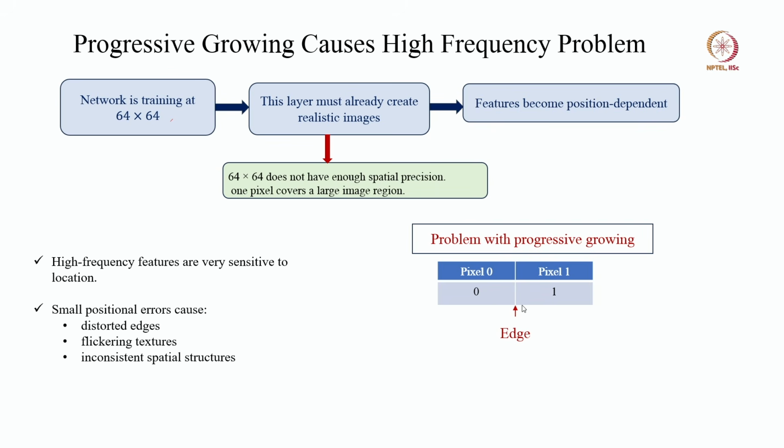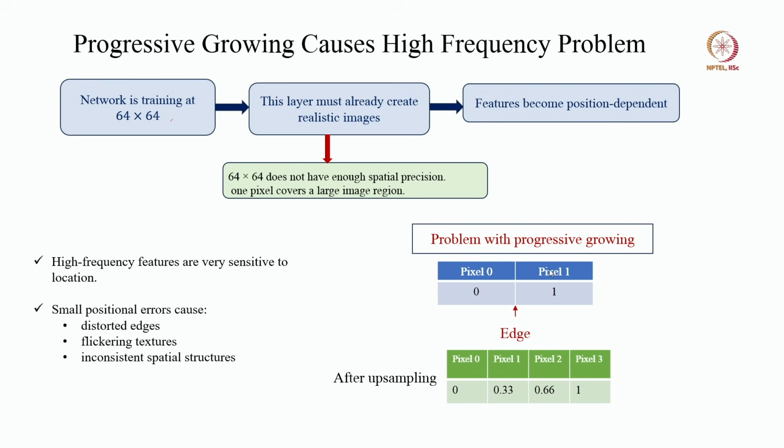Now, we are upsampling this one. So, here instead of 2 pixels we will get 4 pixels in the same region, pixel 0, 1, 2, 3. Now, suppose the values are like this: 0, 0.3, 0.6, 0.1. So, this is complete black, this is complete white, and in between there is a grey portion. In this case, where should the edge remain?